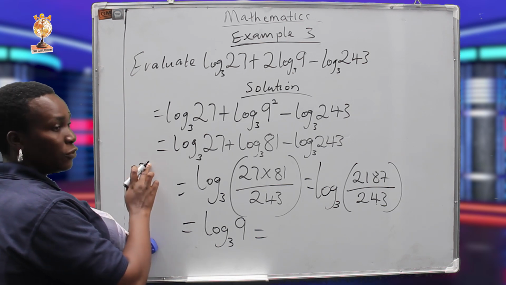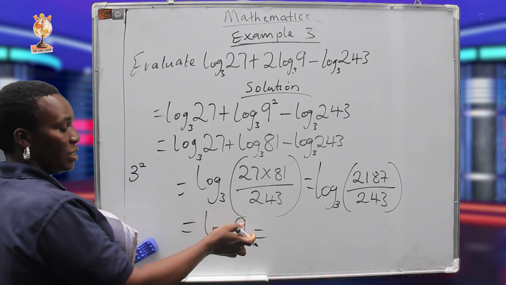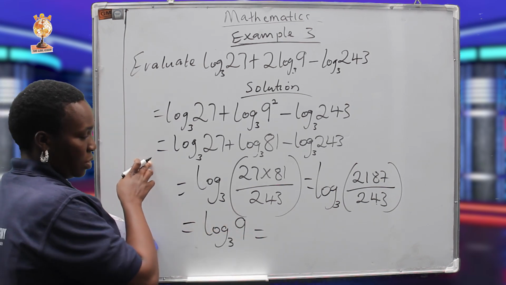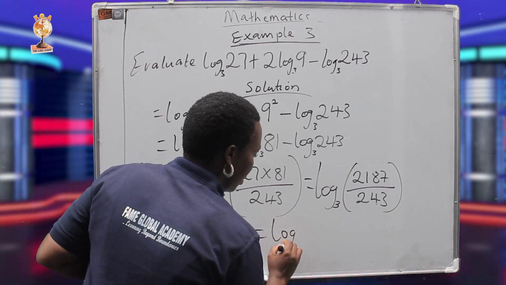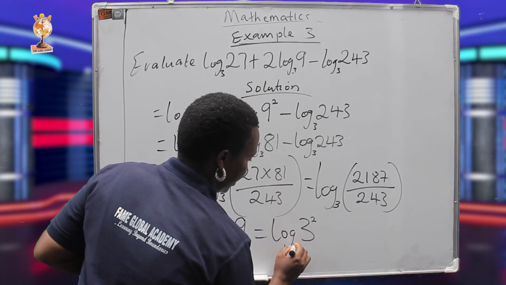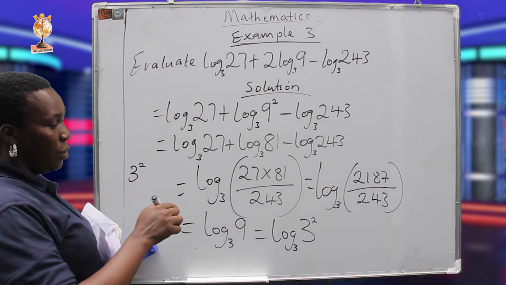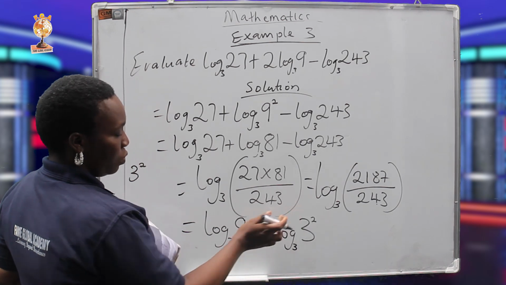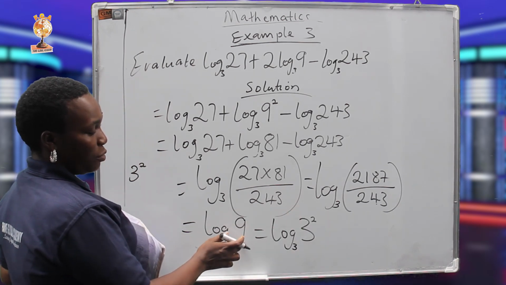Because 3 raised to the power of 2 means 3 times 3, which is what? 9. So we are replacing this 9 with 3 raised to the power of 2. So we have log 3 raised to the power of 2 base 3. I hope you know how we got the 3 raised to the power of 2. We changed this to the index form of 9.